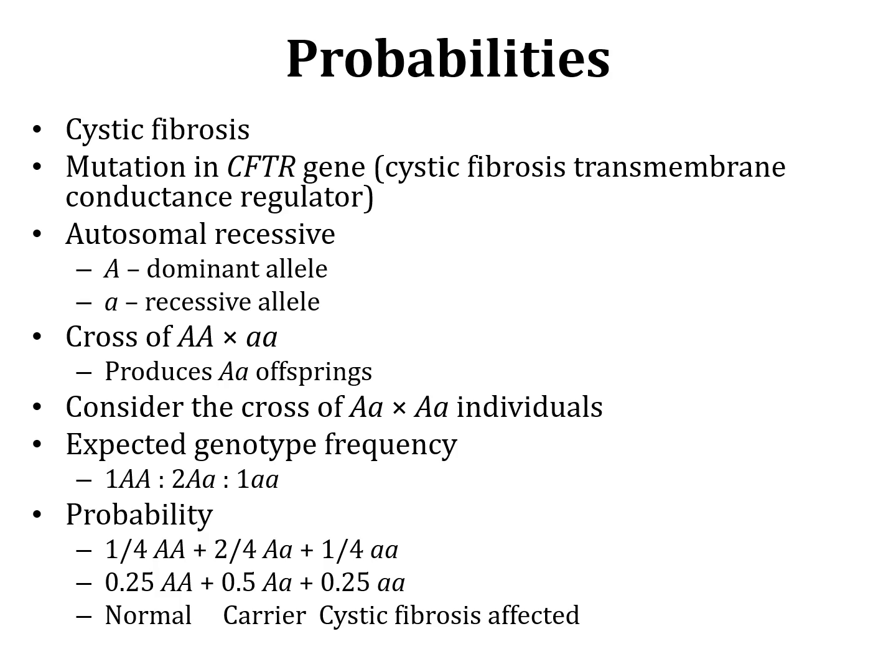Because there are a total of 4 expected genotype frequencies, the probability for the homozygous dominant is 1 by 4, for heterozygous is 2 by 4, and for homozygous recessive is 1 by 4. The answers are 0.25 for the homozygous dominant, 0.5 for the heterozygous, and 0.25 for the homozygous recessive.